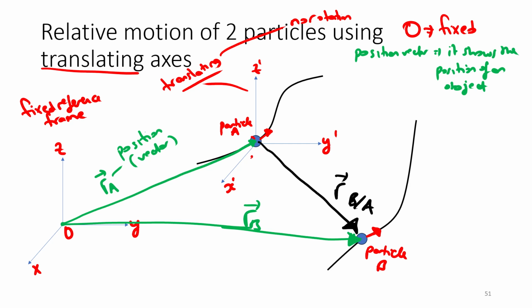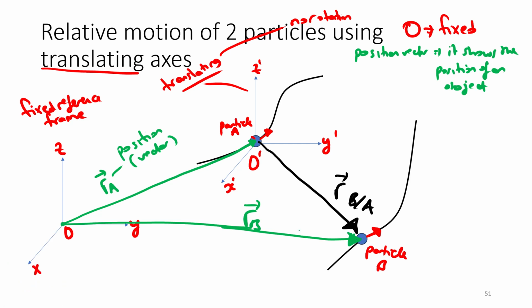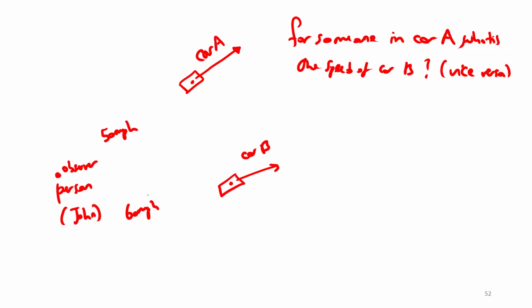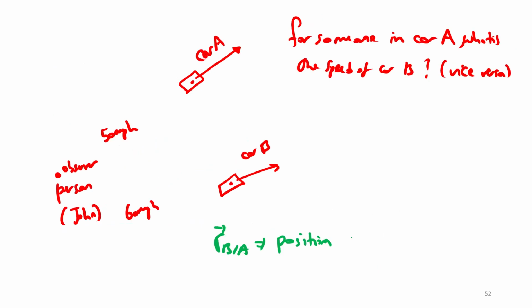And then, let me write it in a better way so it is not visible here. So I will call it O prime. So that is what we are looking for. We are looking for RBA. So let me write it here. RBA is the position of B with respect to A, where A translates.